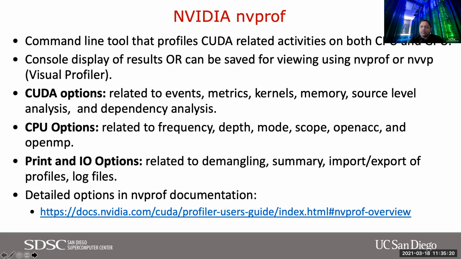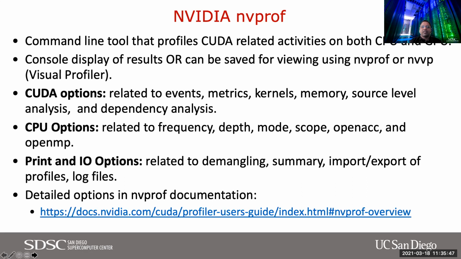So starting off with NVProf, it's a command line tool that basically profiles CUDA related activities, both CPU and GPU. You can look at the results on console, or you can save them and then look at them later using NVProf or using a visual profiler.